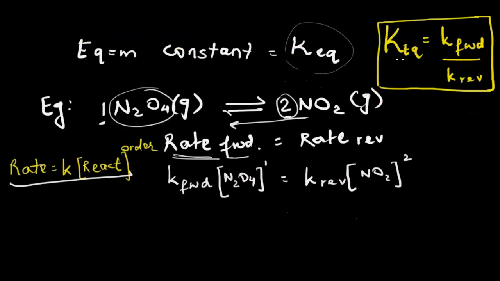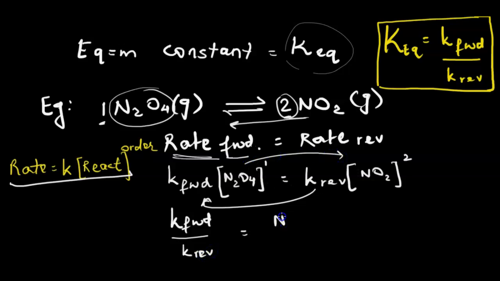Therefore, we can use this formula and let's find out what is k forward divided by k reverse equal to. k forward, we would take this on the other side and this is being multiplied, so this will get divided here. k reverse would be equal to, this would be moved on the other side. We have NO2 concentration square over N2O4 concentration to the power 1, and this would be nothing but equal to K equilibrium, because K equilibrium is k forward over k reverse, and that is equal to this.